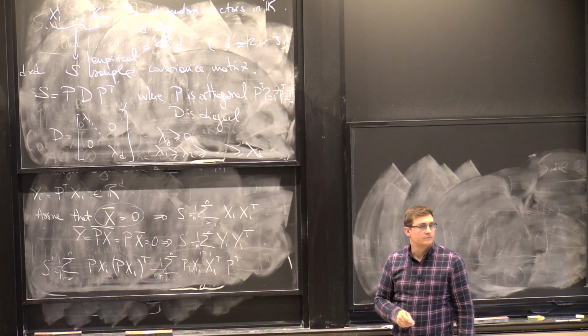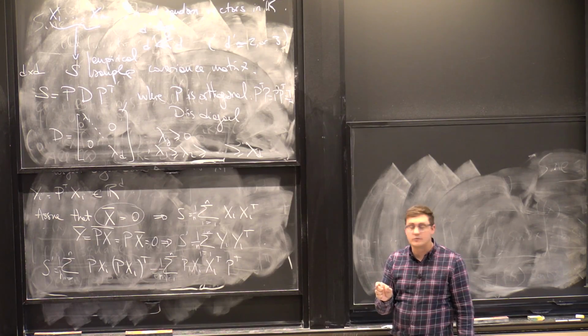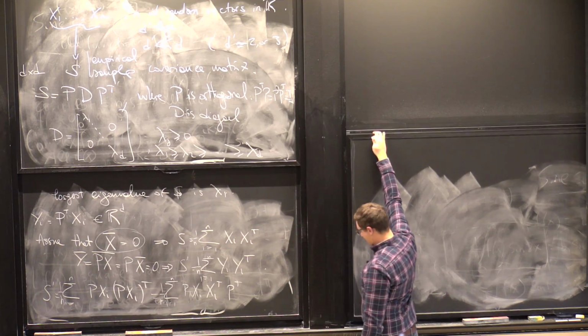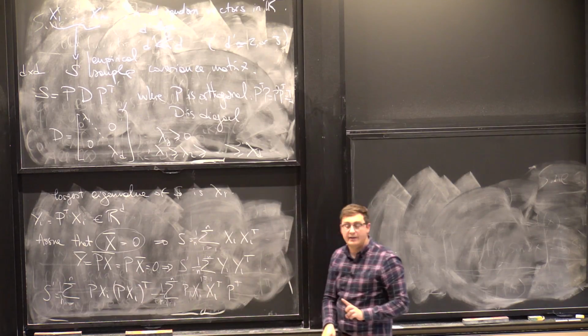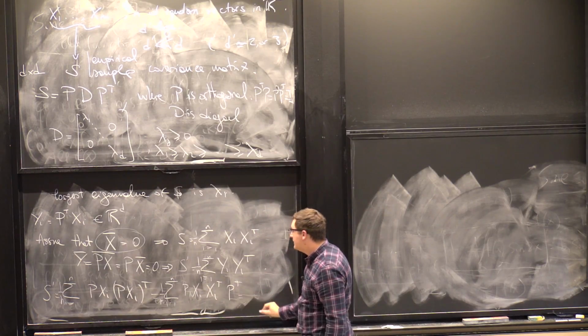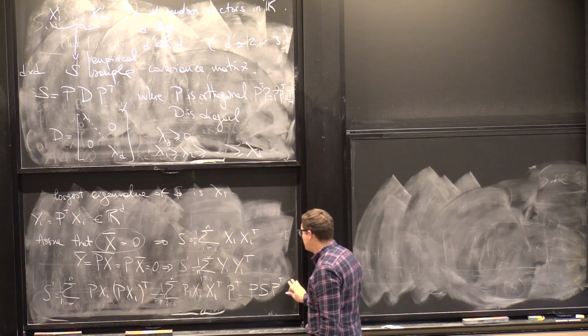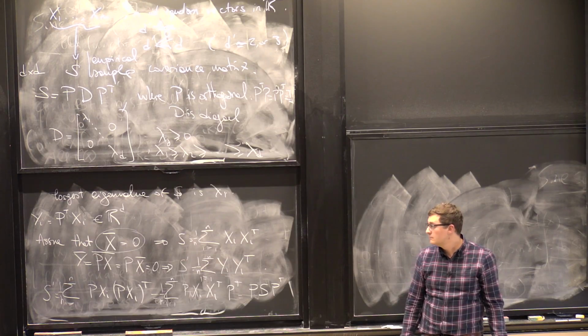Agreed? I just used that the transpose of AB is the transpose of B times the transpose of A. And so now I can push the sum in, right? P does not depend on i. So this thing here is equal to P S P transpose, because the sum of the xi xi transpose divided by n is S.